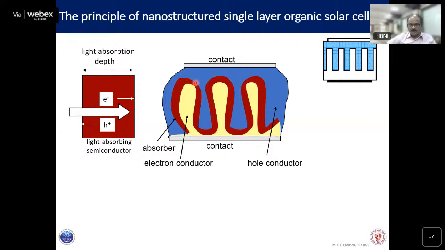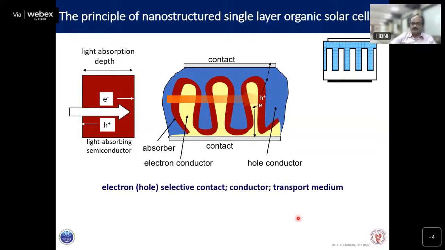So this is not one material, it is actually an active layer, which is a blend of donor and acceptor. Now suppose light falls, in that case electron and hole pairs will be generated. The holes will be moved towards this and collected through the hole conductor, and similarly the electrons will be collected by this material, which is an electron conductor.